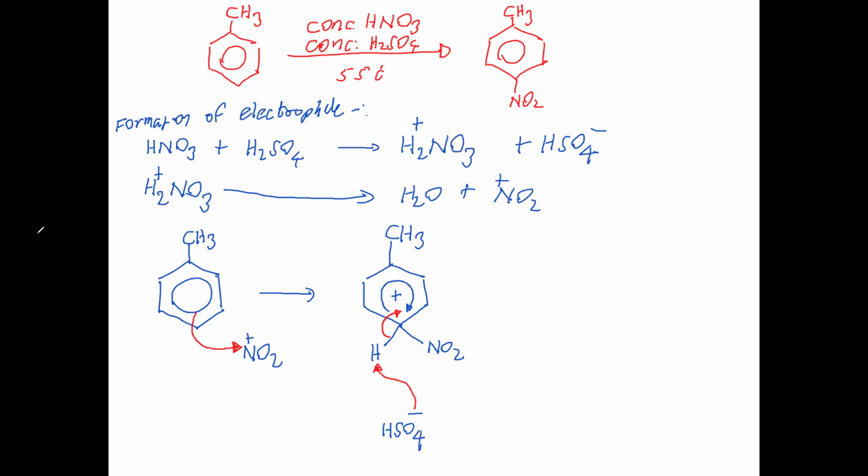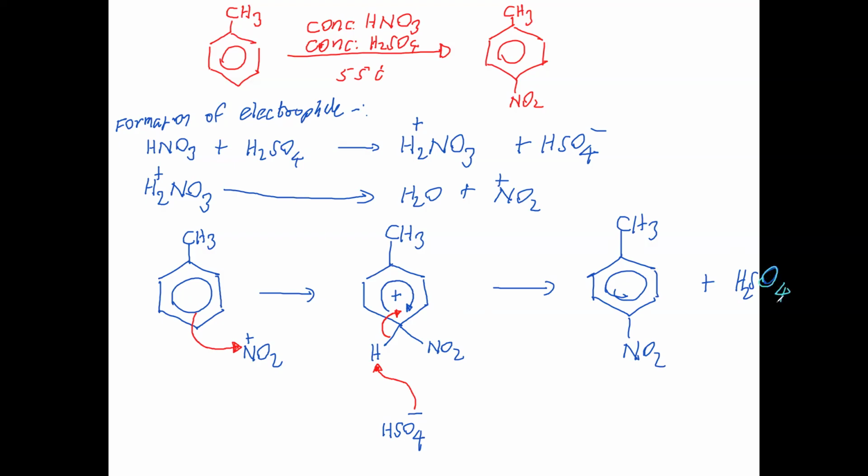That's why it goes out as H plus ion. So therefore what we can see here is the benzene ring is there. So delocalization is back. Now the pi electron cloud, CH3, and the NO2 group is attached there. The H plus goes out, and with that HSO4 minus, that again gives you H2SO4. That's why we said H2SO4 is a catalyst.